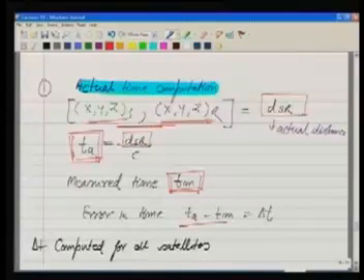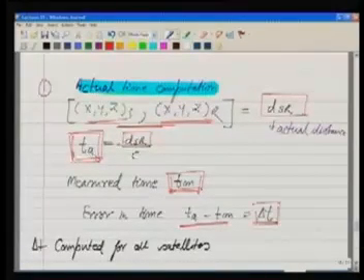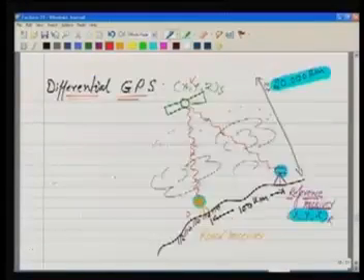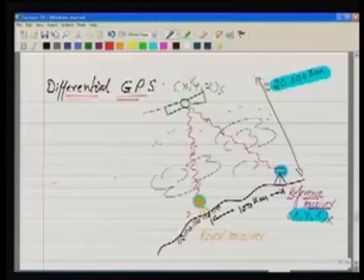So the error in time is delta T. So what we have done, we have computed this error in time for a particular satellite. Now this error in time delta T was computed over here, and because we are considering that the errors are same, that's the assumption here, the same time error can also be applied to the rover.